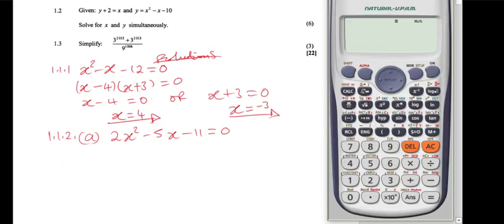Or you can just use your calculator: press mode, then 5 for equations, then the quadratic with a as the coefficient of x squared, 1, b it's negative 1, then c negative 12. Then it will give you the final answers, 4 and negative 3.